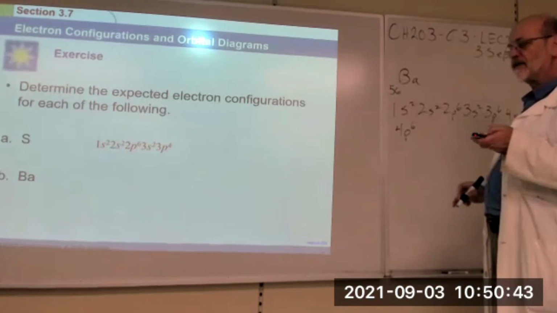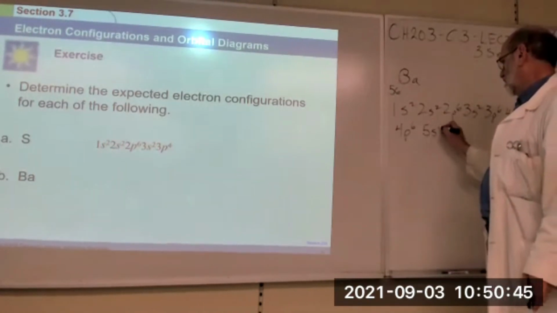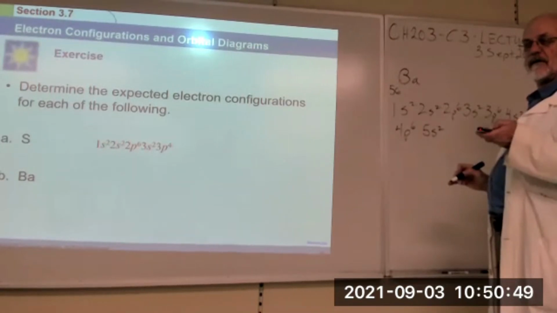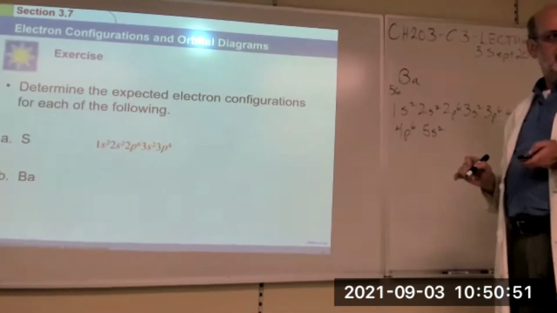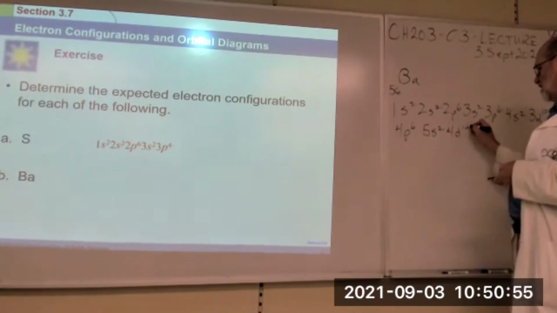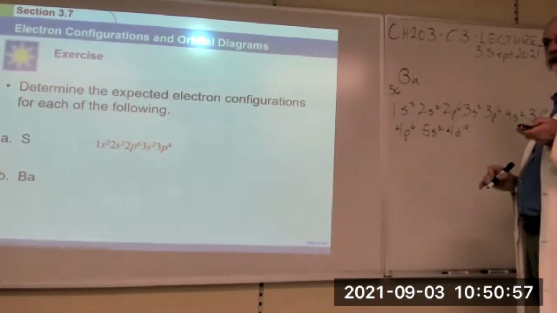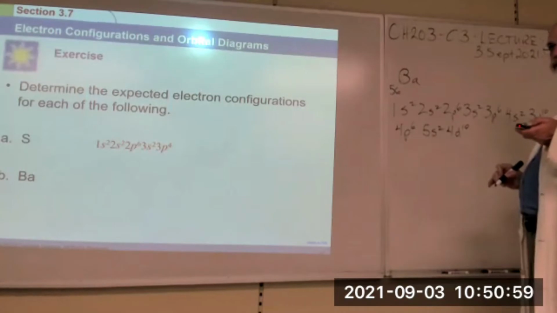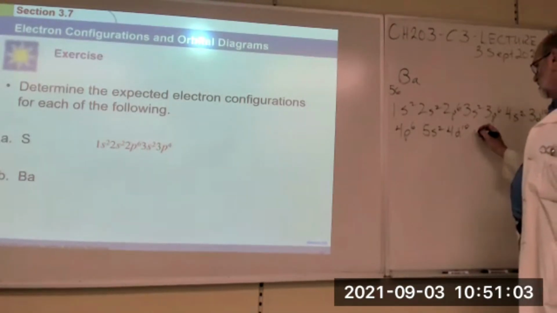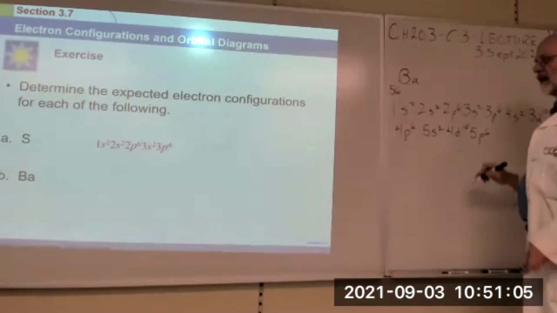Now we go to 5s2. What's this one? 4d. 4d10. Okay. So now we're 5s, 4d10, and now we're 5p. 5p6.